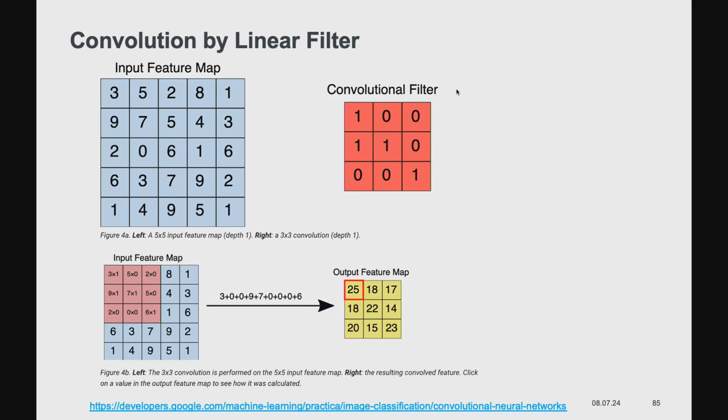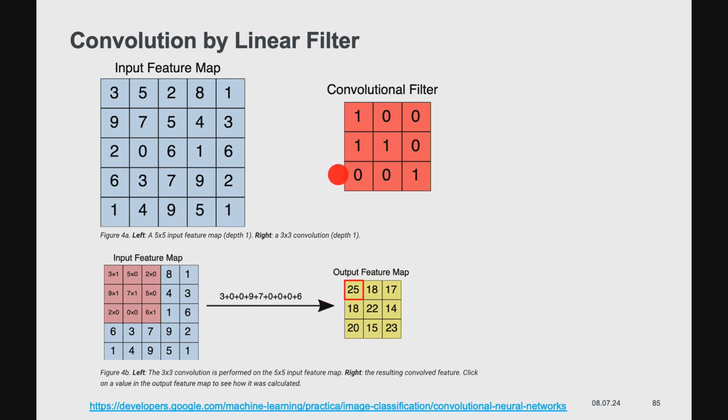So with such a filter, you make out certain collocations of values in the original input image. And now you move this filter to the next position, and you compute the next value.